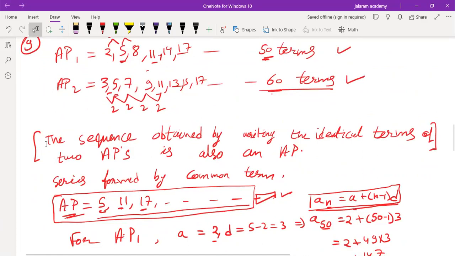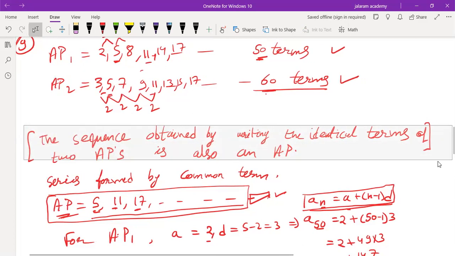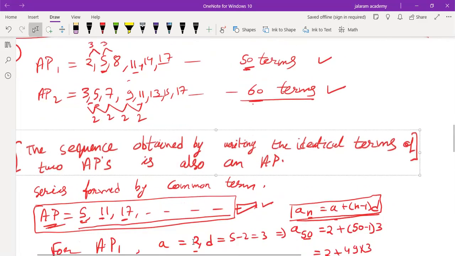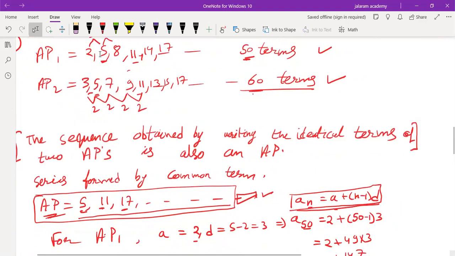So we will use a property of AP that the sequence obtained by writing the identical terms of two APs is also an AP. So when we write it, it can be proved also. First term is 5. Next is 11. If they are not given, we have to write 2 or 3 more terms to get the common terms. So 5 is the first term. If you observe in AP1 and AP2, 11 is next term and 17 is third term.